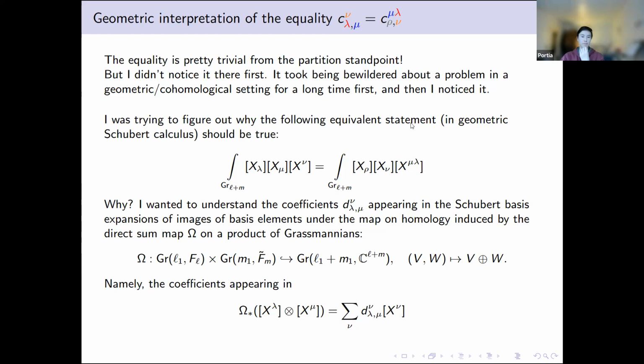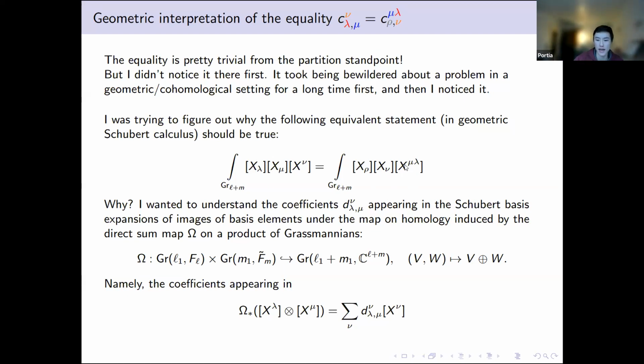And so basically I arrived at a point where I wanted to understand this, and I was completely ignorant of the fact that this equality was true by skew, tableau, partition reasons.